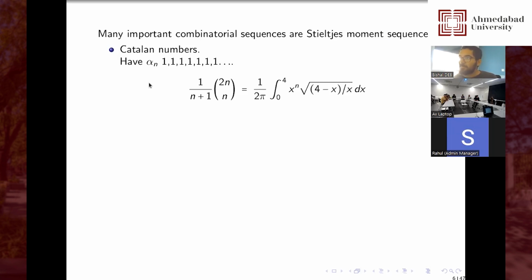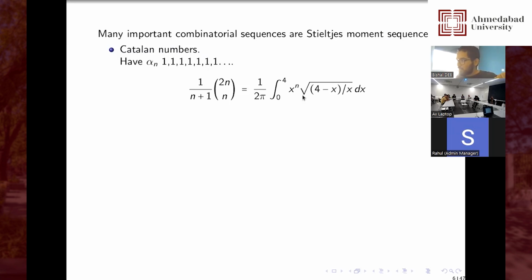One example is the Catalan numbers. This is the formula for Catalan numbers, and they count many things. In fact, there's a book by Richard Stanley with over 200 interpretations of objects counted by the Catalan numbers. And the Catalan numbers have this integral representation. So by the second condition in the previous theorem, it is a Stieltjes moment sequence.